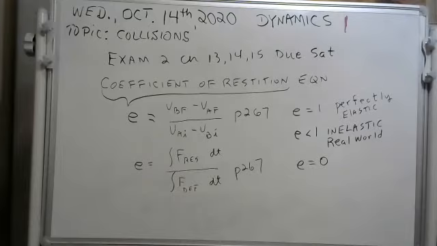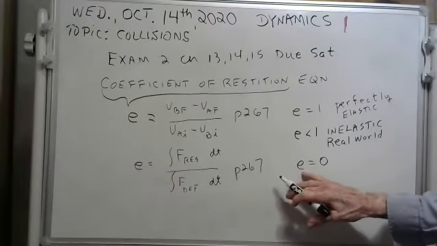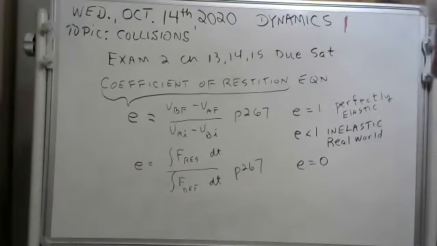It has a coefficient of restitution of 0. There is no restitution. That ball of mud hits the pavement and stops. Well, it kind of flattens out, but it doesn't bounce. So there's the three things that can happen.